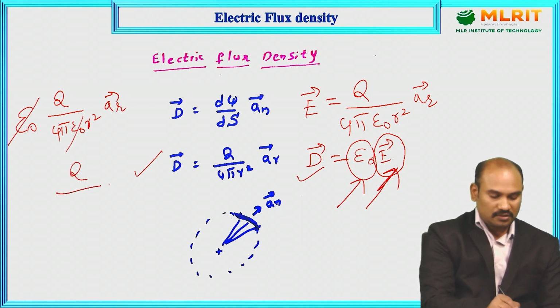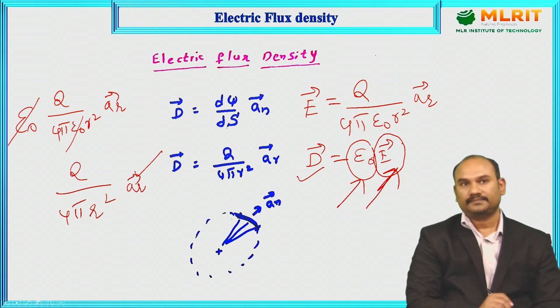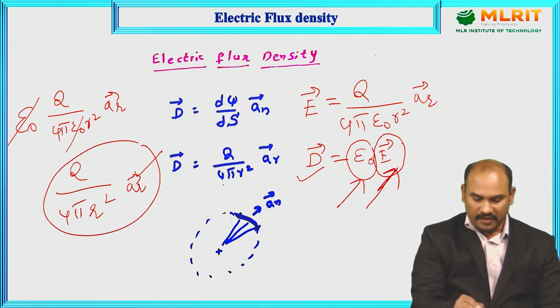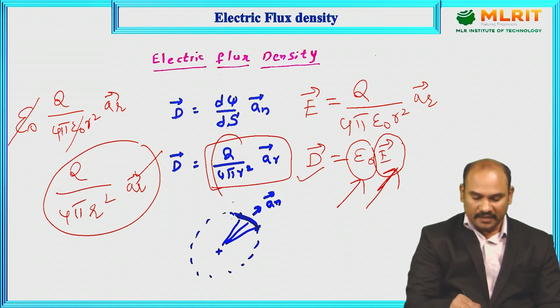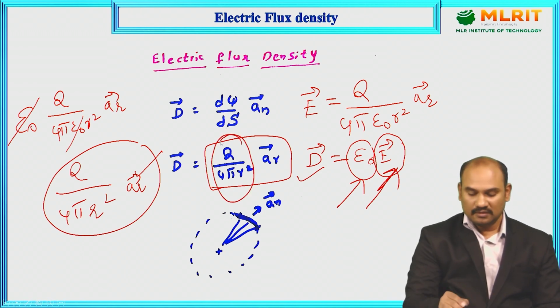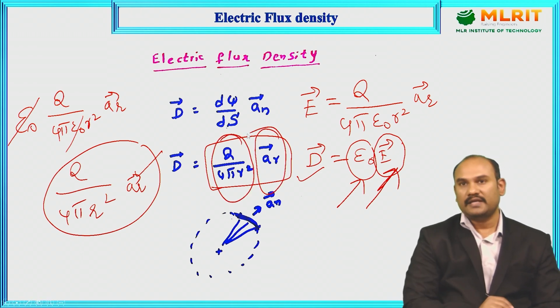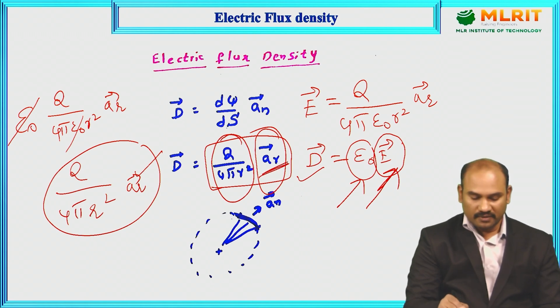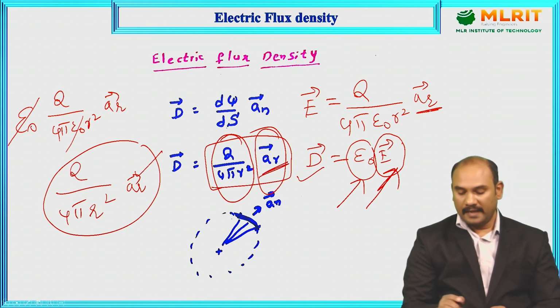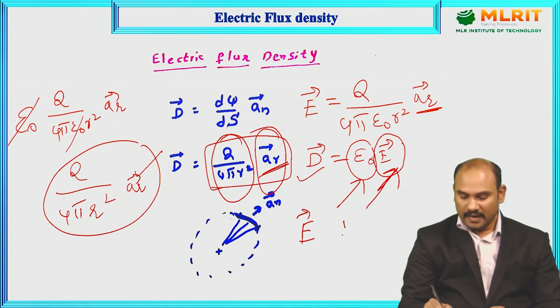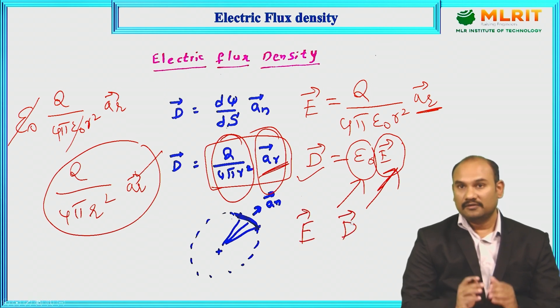What remains is Q by 4 pi R square a R. The same thing you find here, Q by 4 pi R square a R. This tells you the magnitude of the flux density. This tells you the direction. So how do you get this direction? From the electric field a bar, which means that the electric field E bar and electric flux density D bar will have the same direction.